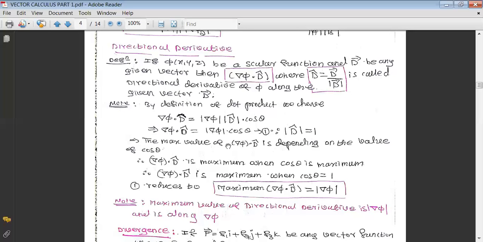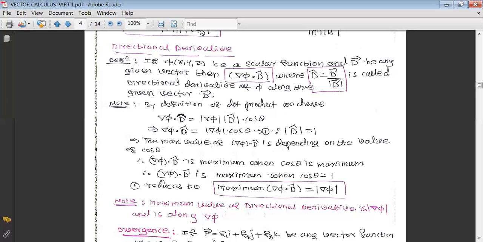Now the value of ∇φ · d cap depends on the value of cos θ. Therefore we say that ∇φ · d cap is maximum when cos θ is maximum, because the magnitude of ∇φ is some constant. We know that the maximum value of cos θ is 1.